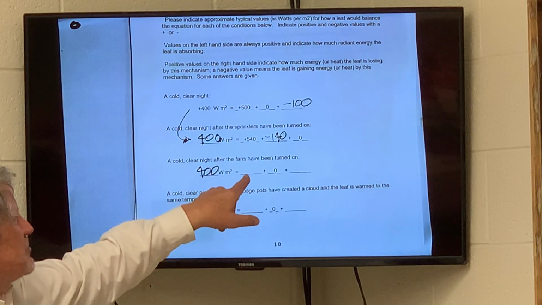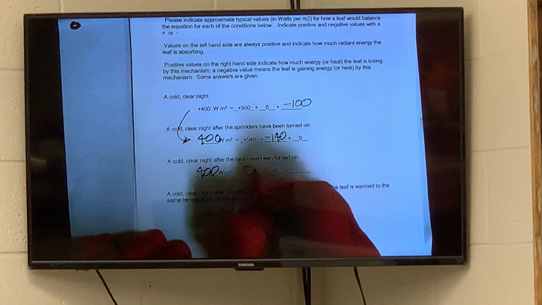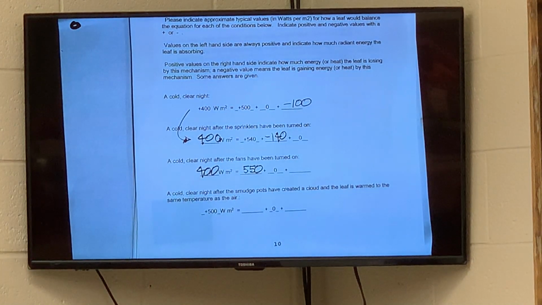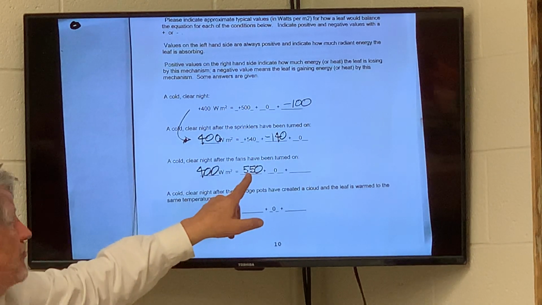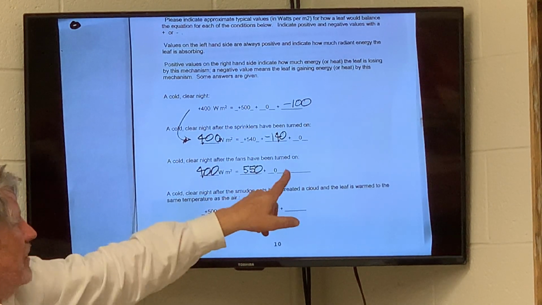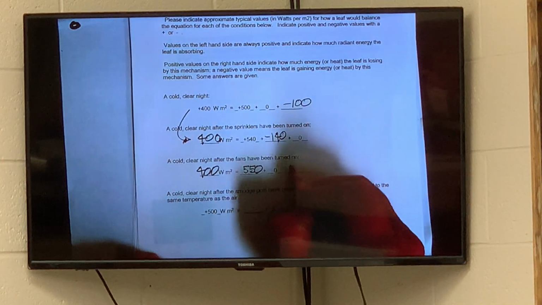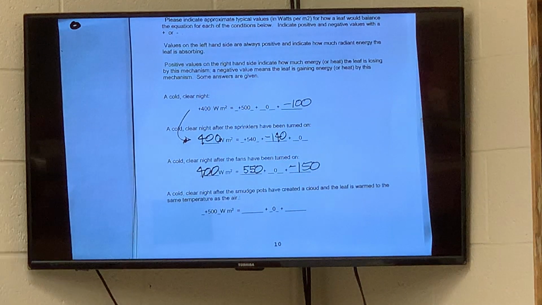If the leaf warms up slightly, this isn't an exact number, but we can figure 550 right there for emitted radiation because of slight leaf warming. And now there's only one unknown left, and that has to be minus 150 to balance the equation.